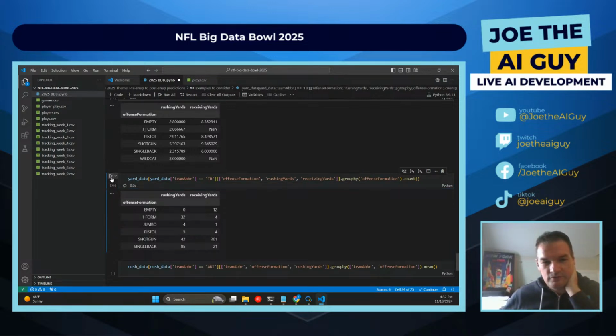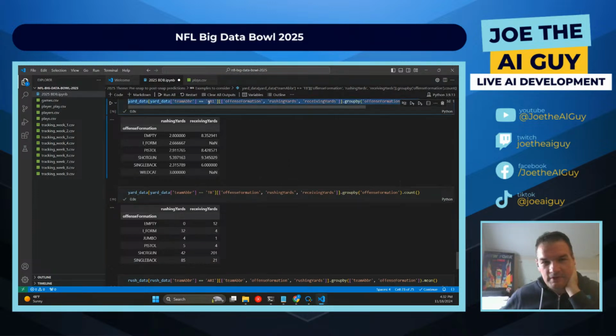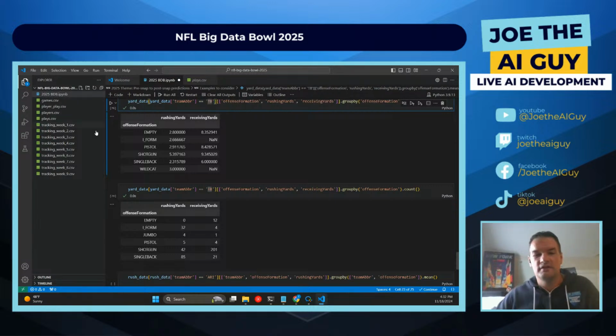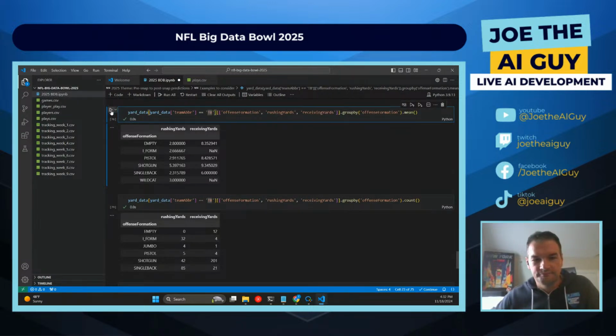If I go to Tampa Bay, you can see how their play selection changed as well. Very little use of the jumbo and the pistol package. The empty formation they would typically throw out of, but you had far less effectiveness here.